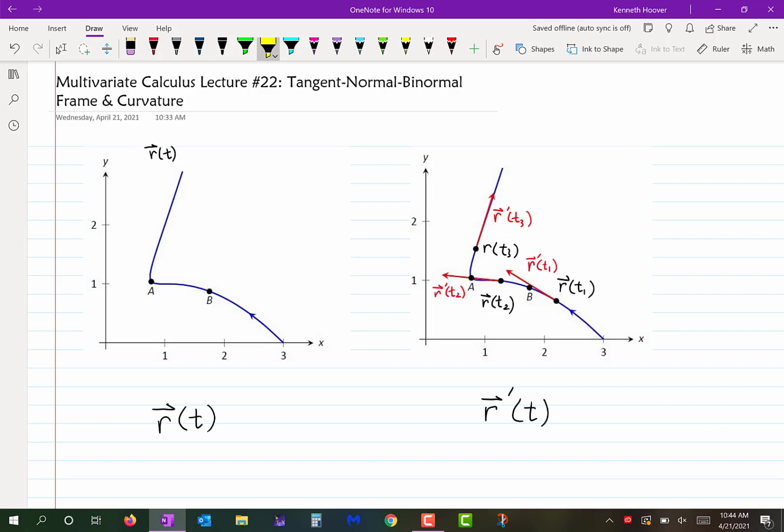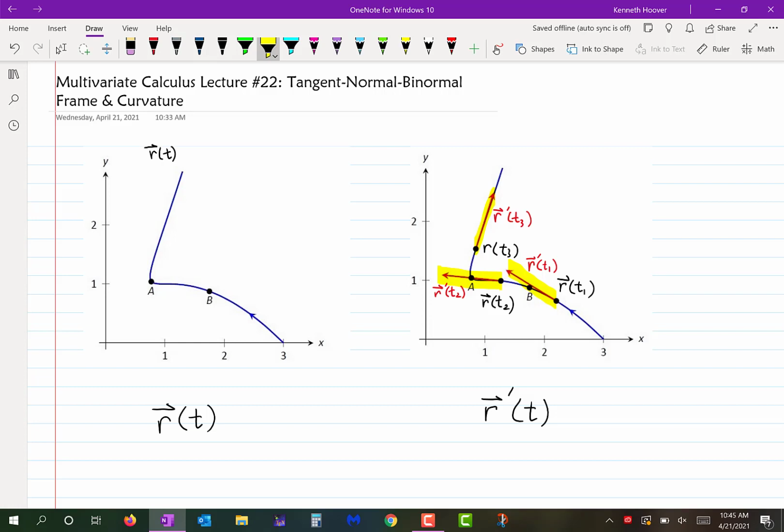R prime of T1, R prime of T2, and R prime of T3. Okay? Like I said earlier, in order to keep things consistent, it would be nice for my tangent vectors to all have the same length. But R prime of T1, R prime of T2, and R prime of T3 might not have the same length.